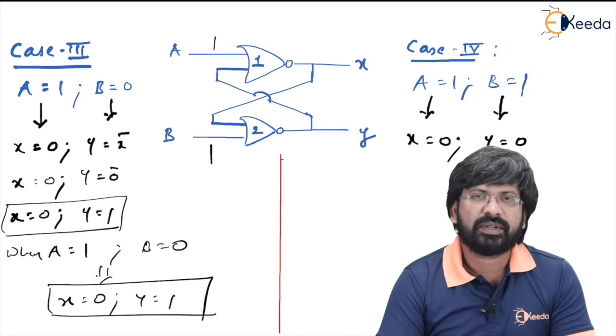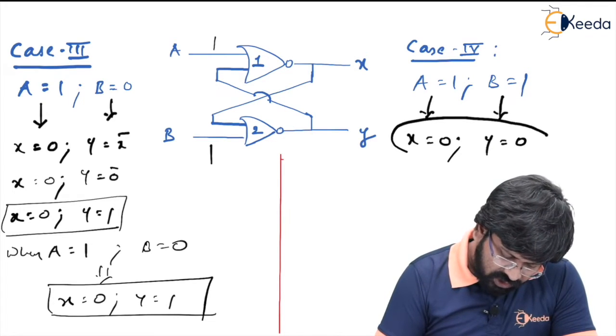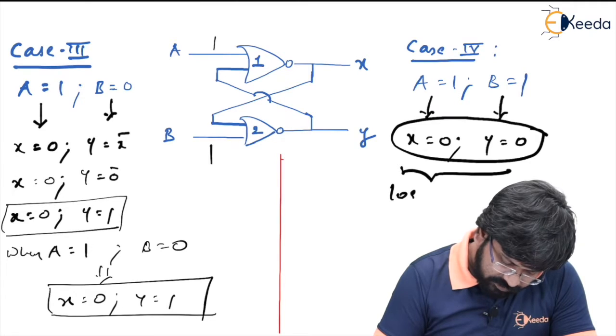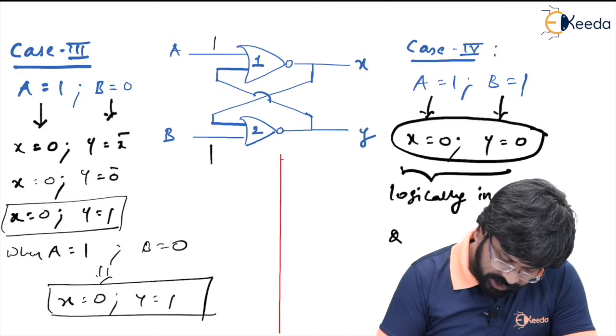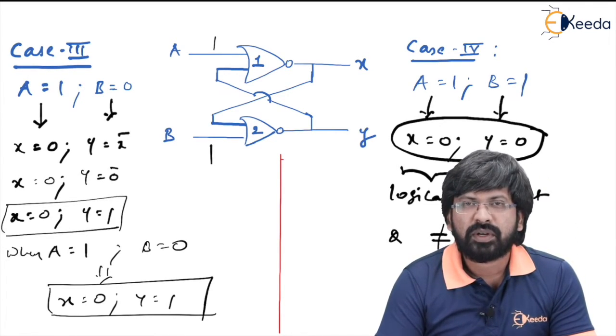When we studied the latch using NOT gate, we saw that this is logically incorrect. Incorrect because we generally treat X as Q and Y as Q bar, and Q and Q bar cannot be equal. But this time they are equal and we cannot do anything.